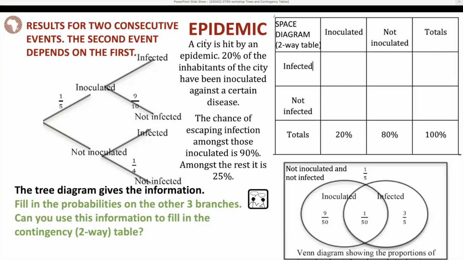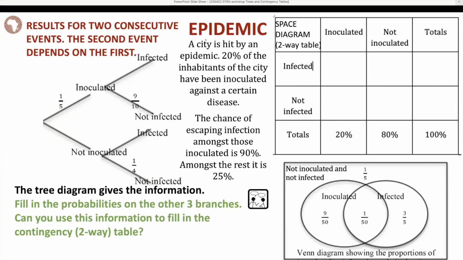And then there's another diagram here. Here's the Venn diagram. And here you will see the Venn diagram actually shows the proportions of the population inoculated or infected people.